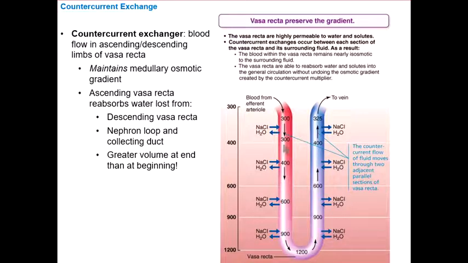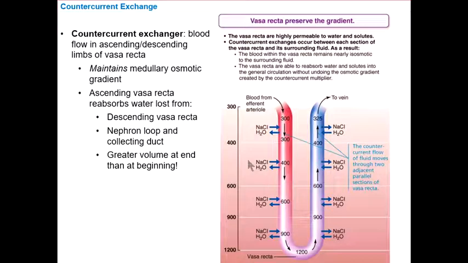And the vasorecta is able to maintain that osmotic gradient that was established in that countercurrent multiplier, because the capillaries here are permeable to water and they're permeable to salt. So they're allowing water and salt to enter and leave just depending on the gradient of the interstitial fluid that was established.